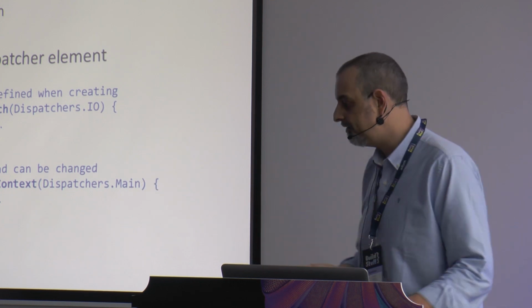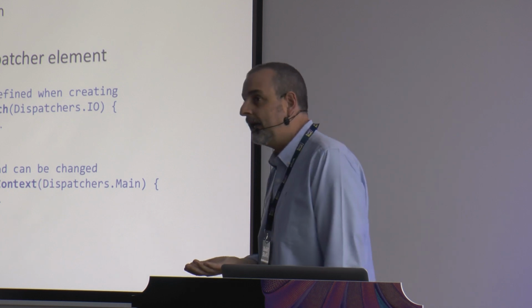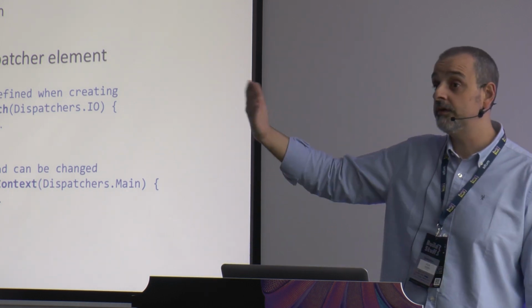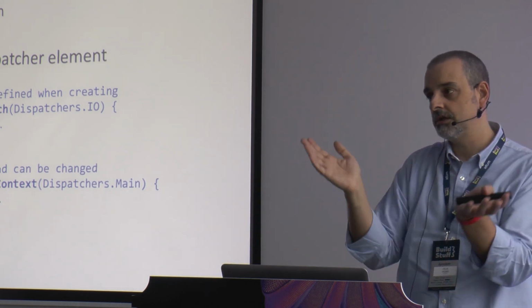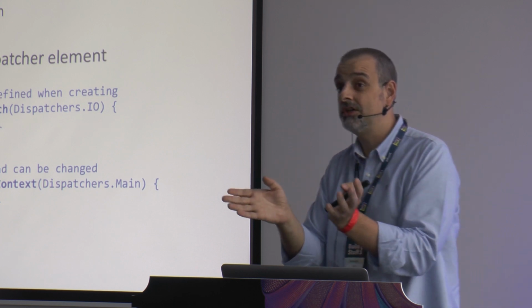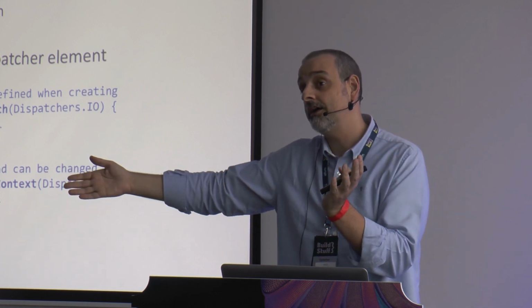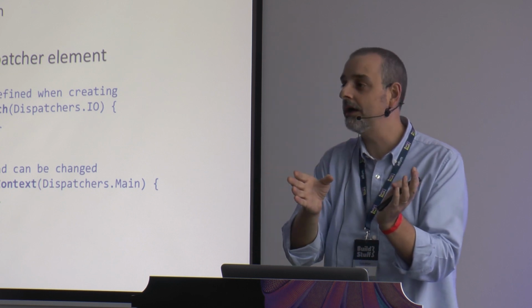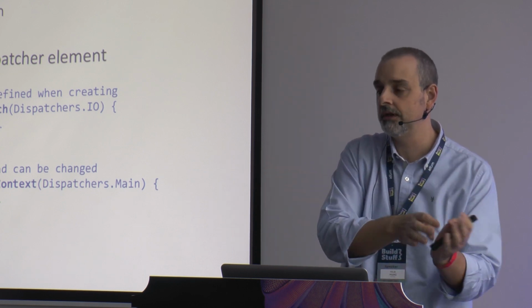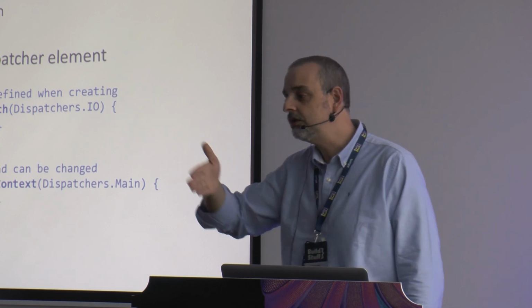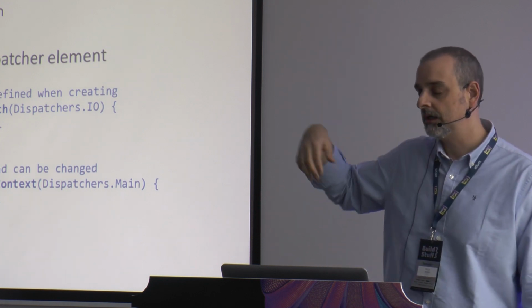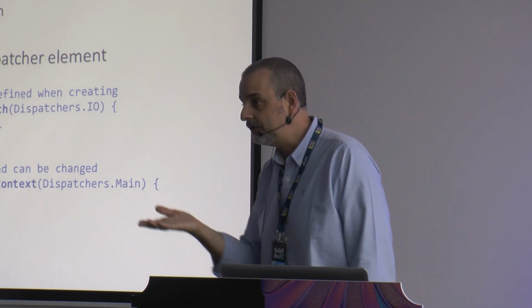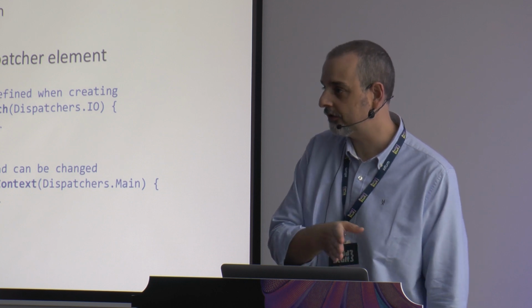For instance, if I'm working with Android, and upon receiving a response, I need to change the UI, I cannot change the UI in an I/O thread. I need to change the UI in the UI thread. So I need to continue not in the same thread where the callback happened. I need to continue in a different thread.